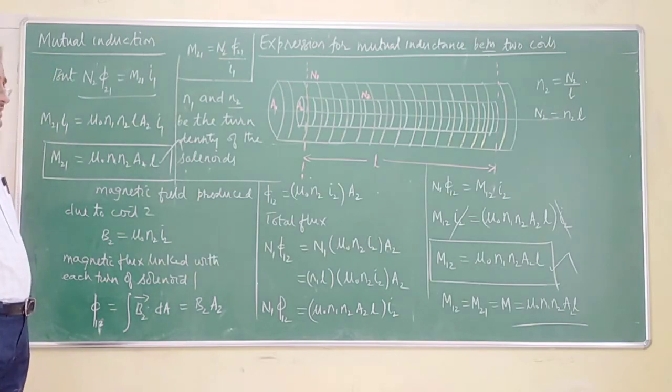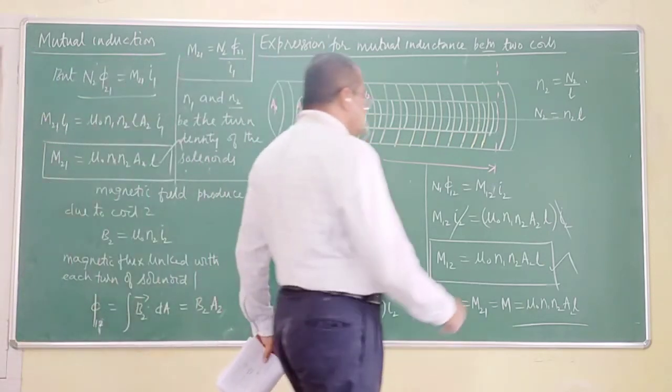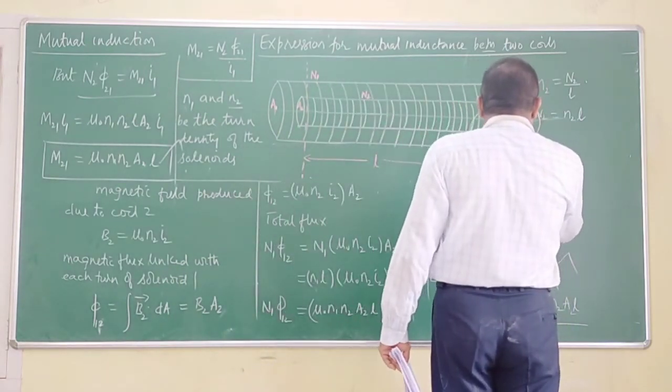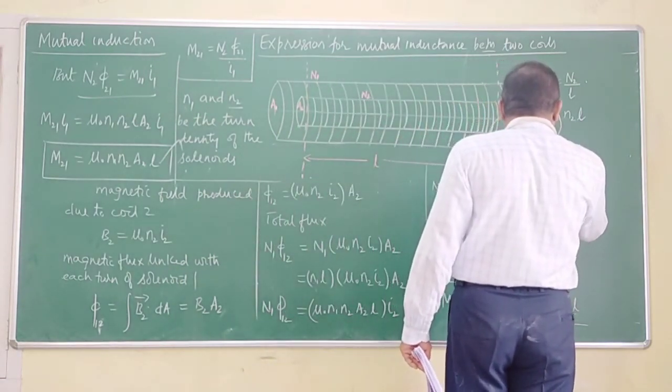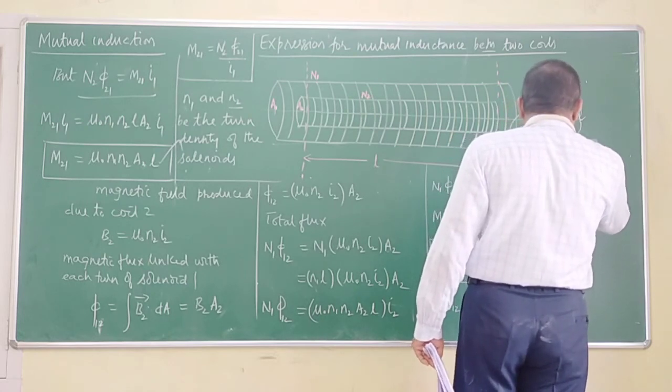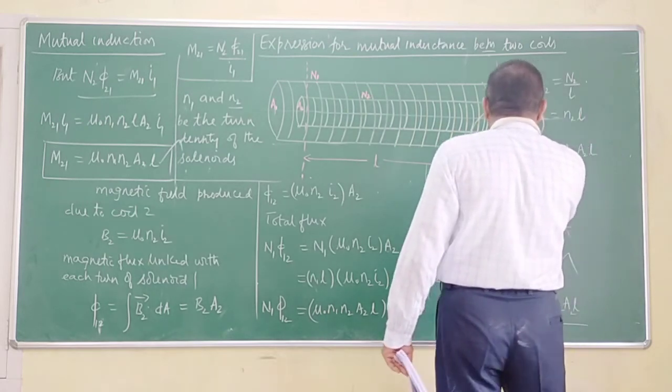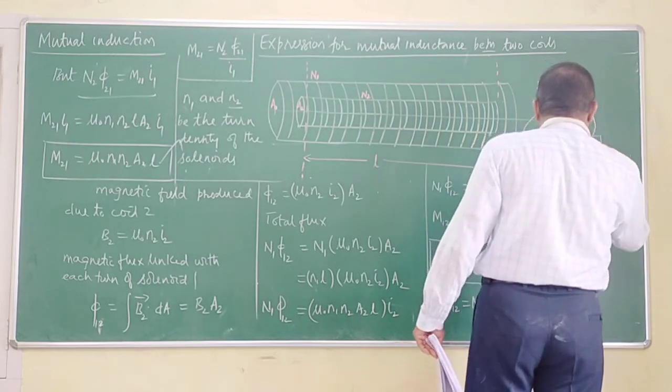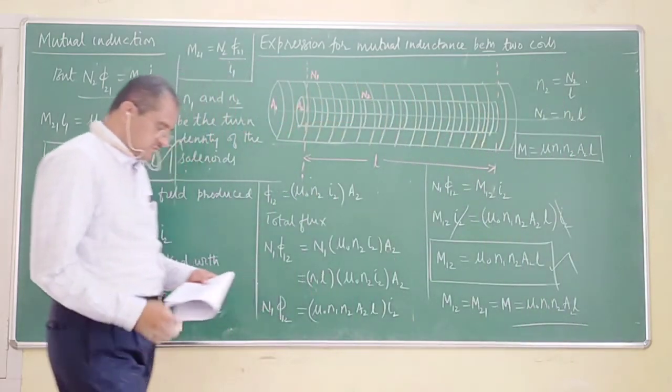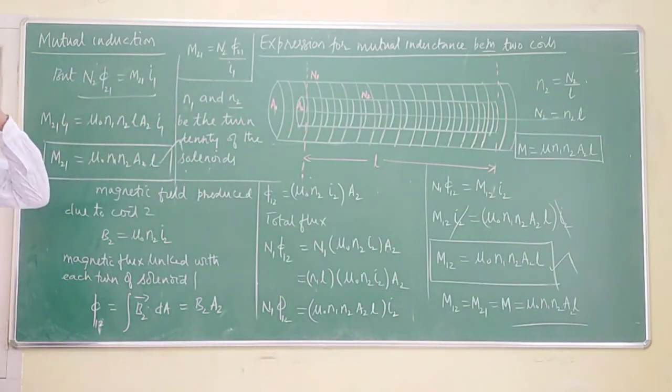This is when the space between the two solenoids is filled with air. If the space between the two solenoids is filled with a medium of permeability mu, then this expression will become M is equal to mu n1 n2 A2 L. That is the expression. Is that okay to you, sir?